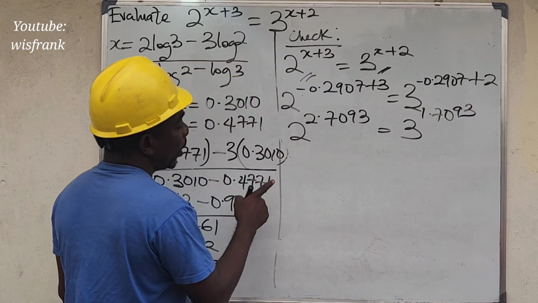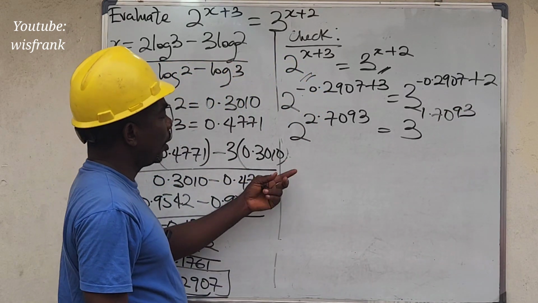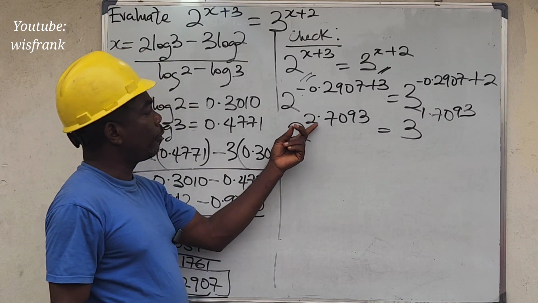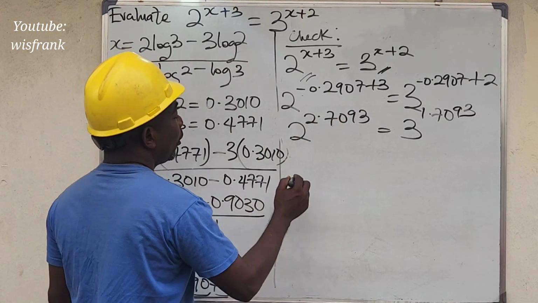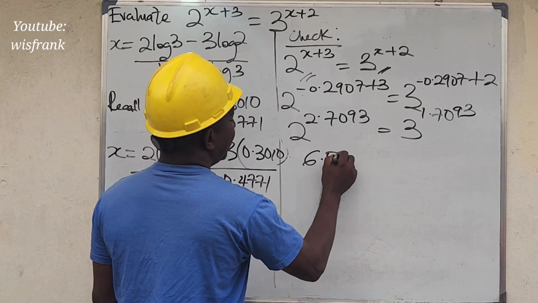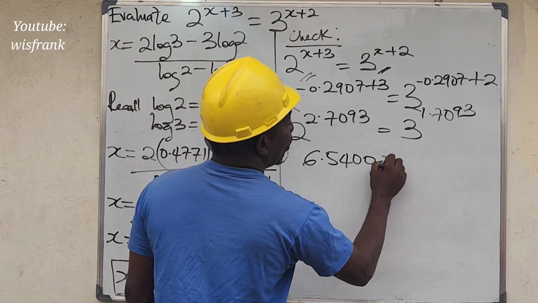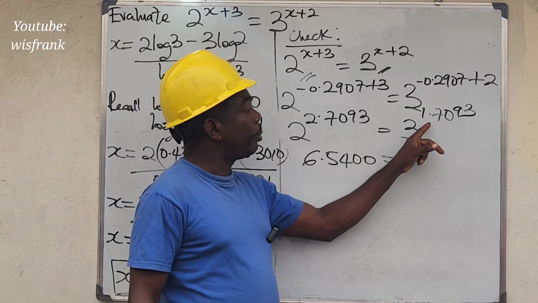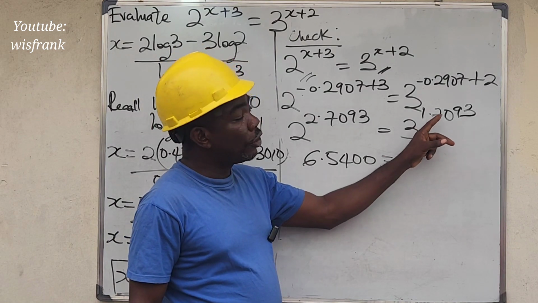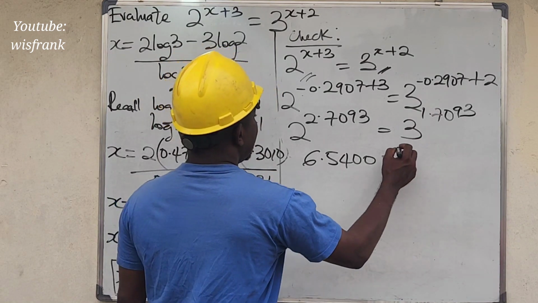So here, when we punch our calculator, 2 to the power of 2.7093 will give us 6.5400, equals, when we punch our calculator, 3 to the power of 1.7093 will give us 6.539.